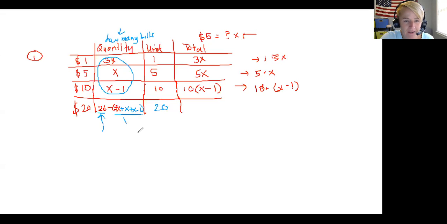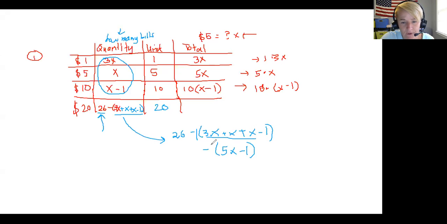So I want to clean this up. I'll just bring this math down here. I have 26 minus 3x plus x minus 1. Okay, so I'm going to clean this up just a little bit so that it looks better. I'm going to have to factor it out, but I can actually combine all these to have a 5x. So I'm just going to turn all this into 5x minus 1.